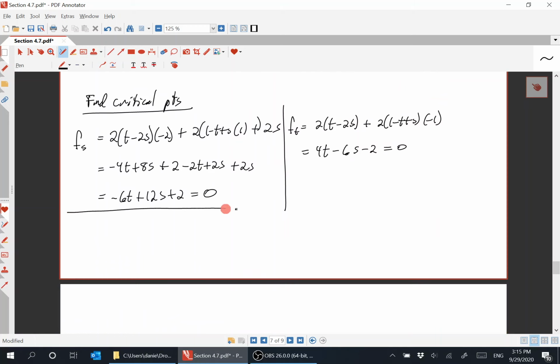So we have two linear equations with two unknowns. 4t minus 6s equals 2, and minus 6t plus 12s equals minus 2.